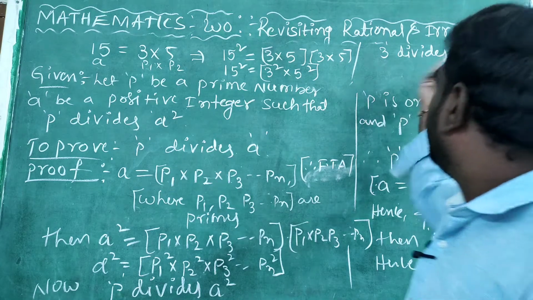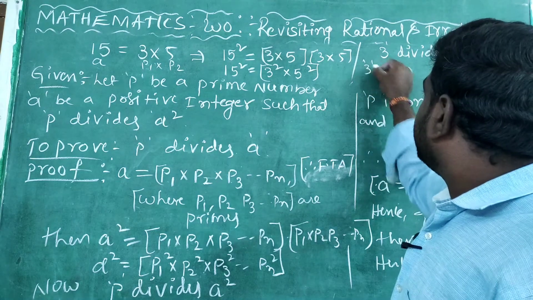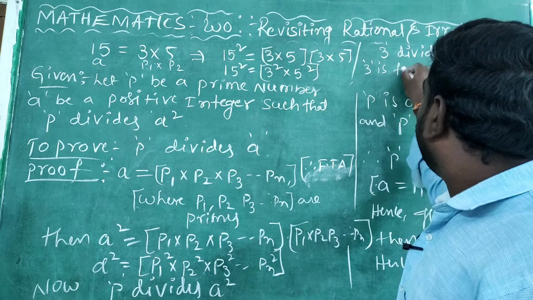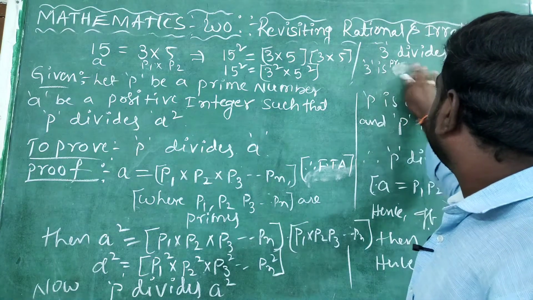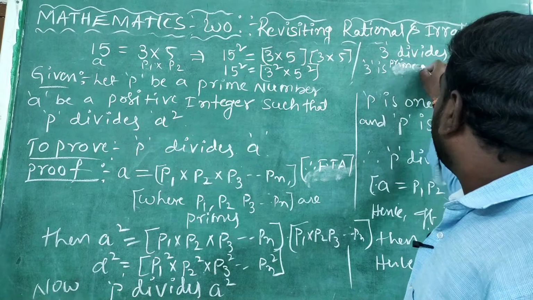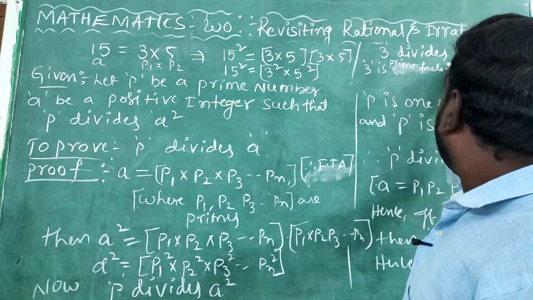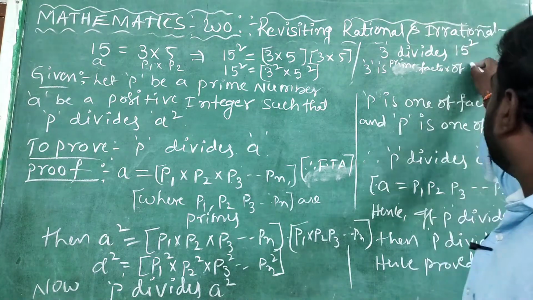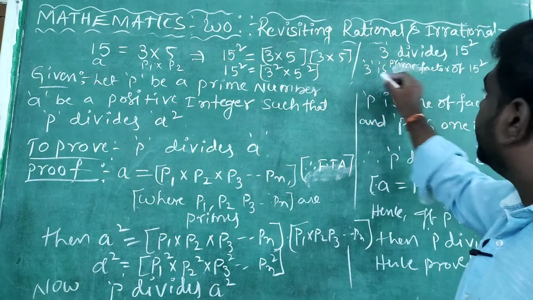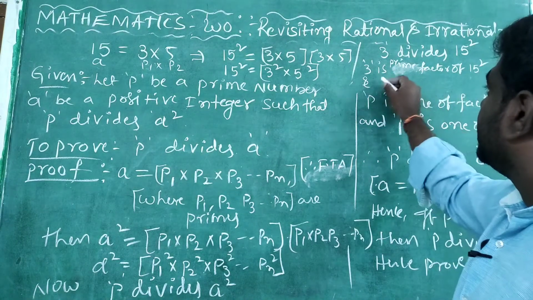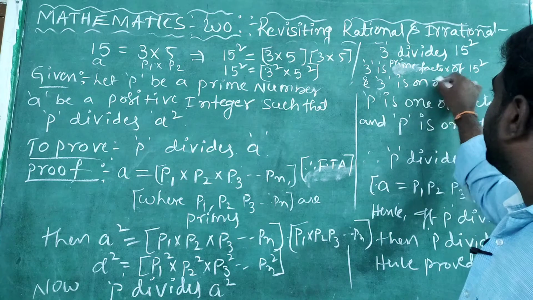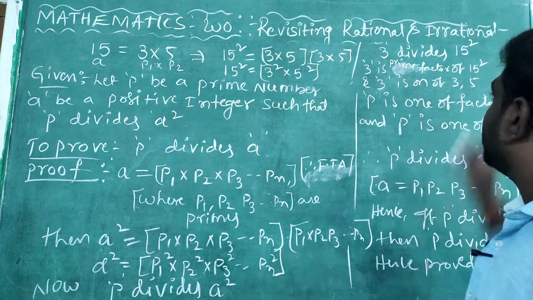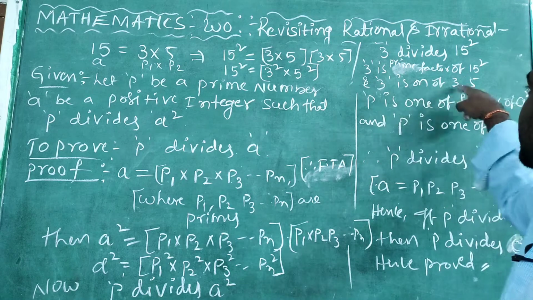Yes or no? Already we know 3 is a prime factor of 15 square, as well as 3 is one of 3 and 5.